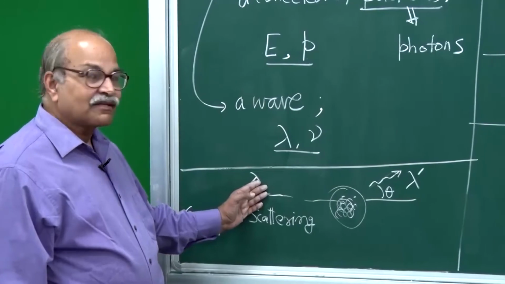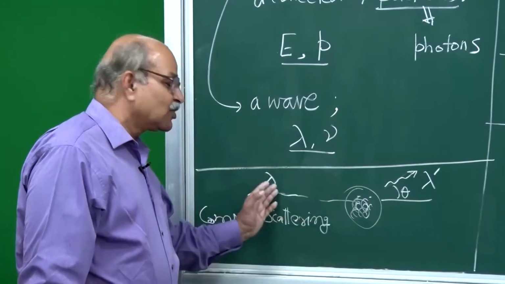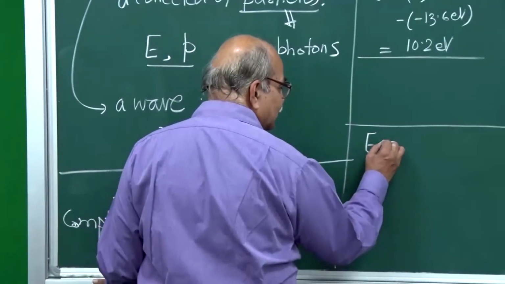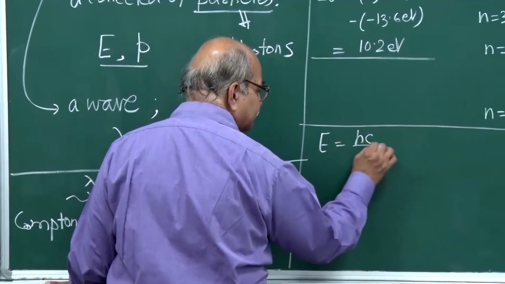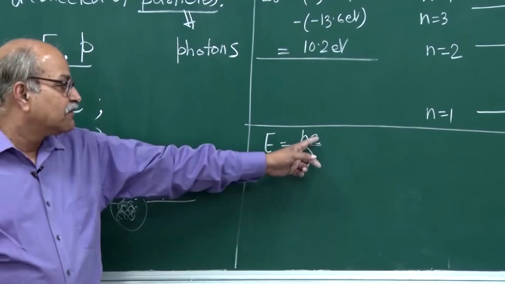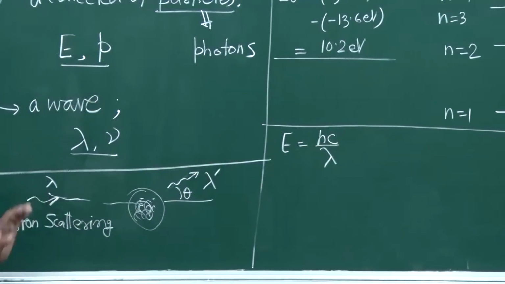This is a collection of particles, and each particle has an energy which is hc over lambda. h is the Planck constant, c is the speed of light, and lambda is this lambda.